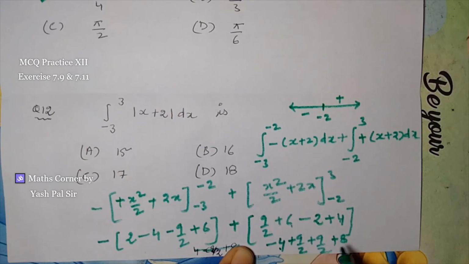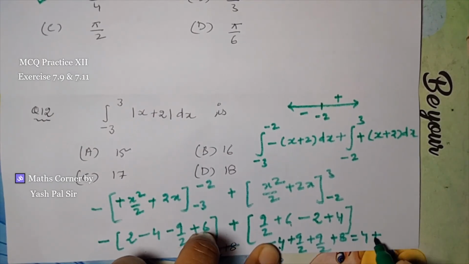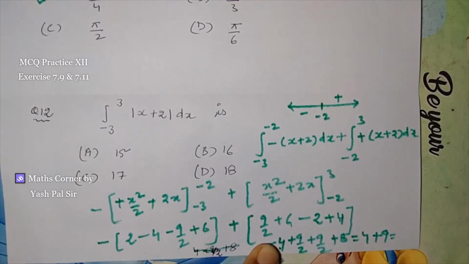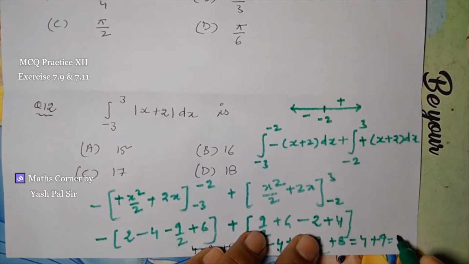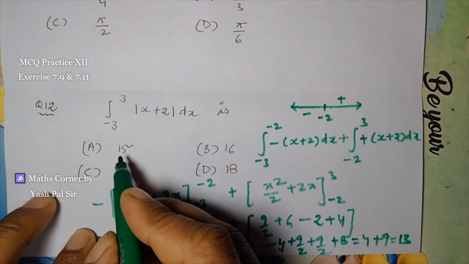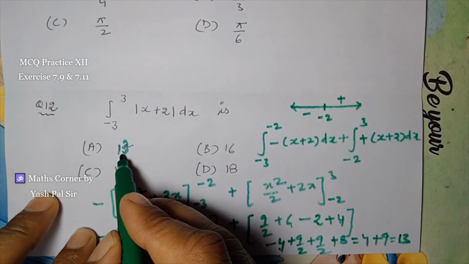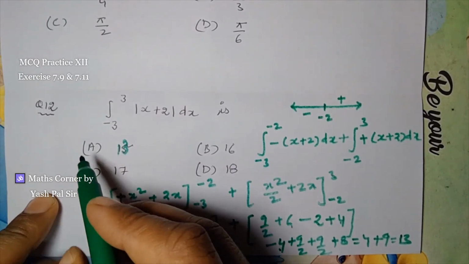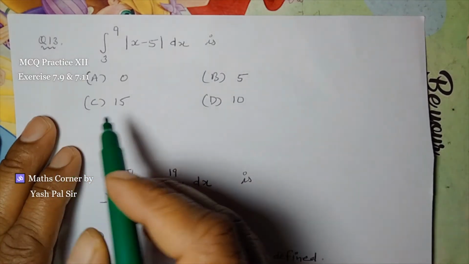So 8 minus 4 is 4, 9 by 2 plus 9 by 2 is 9. So the answer is, now 9 plus 4 is 13. So 13 should be the answer. We can take option A, which is 13. It was written 15 wrongly. So now taking the next question.